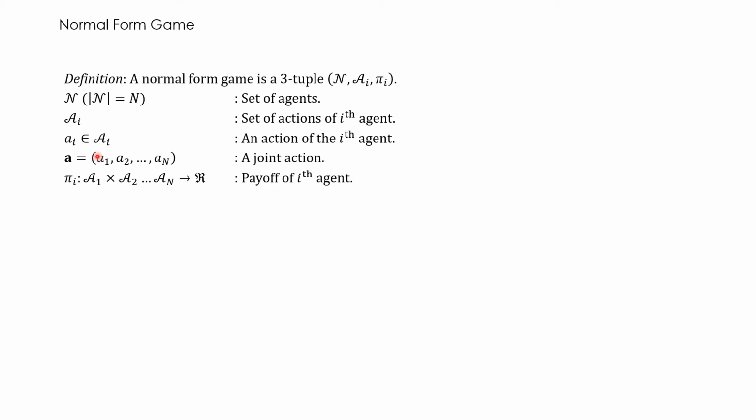And pi i is the payoff of each agent i, and that's a mapping from the joint action space to a real number. And lowercase a is any joint action of all agents A1 through An. And so for each joint action, each agent i receives a payoff.